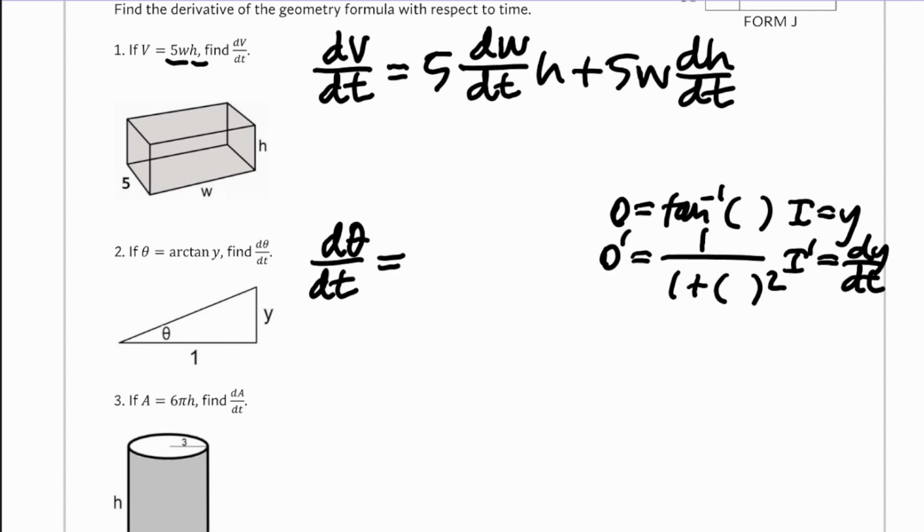If we're taking a derivative using the chain rule, we multiply outside prime times inside prime. So this is 1 over 1 plus whatever went in arctangent originally, and that's y. So 1 plus y squared, multiplied by dy dt.